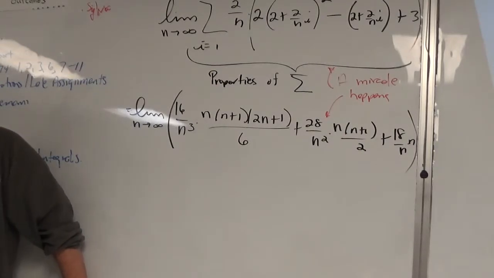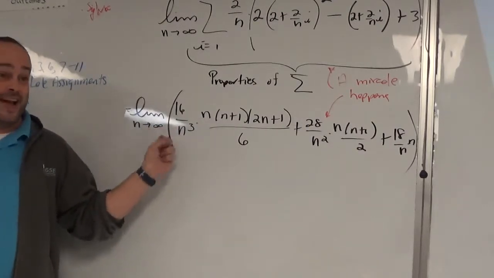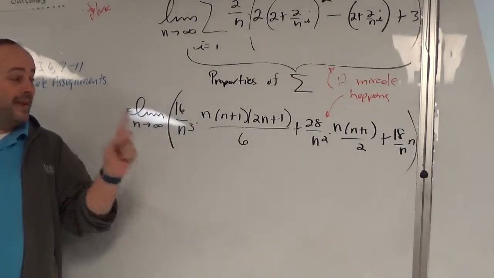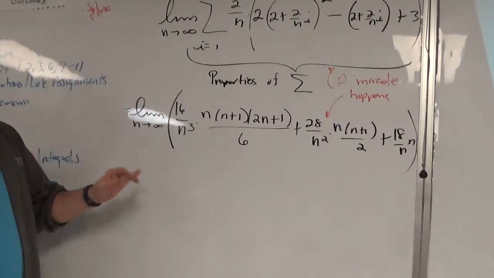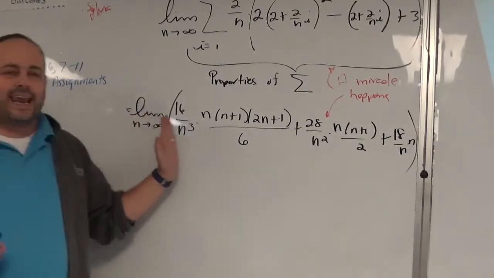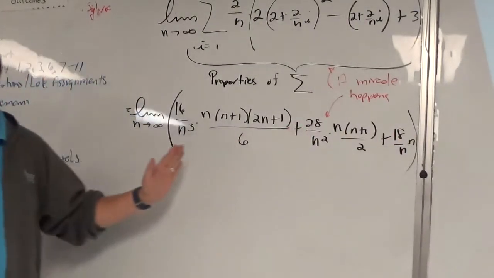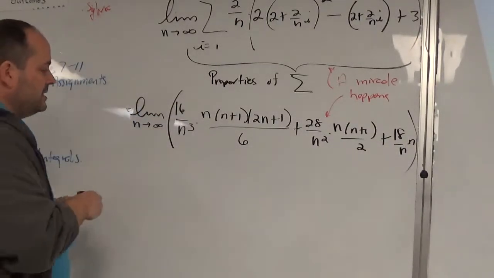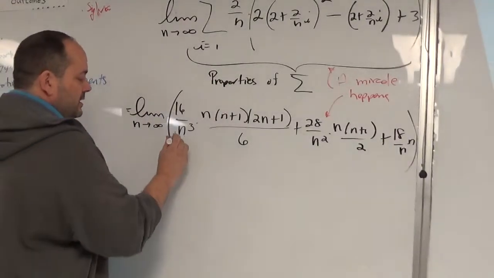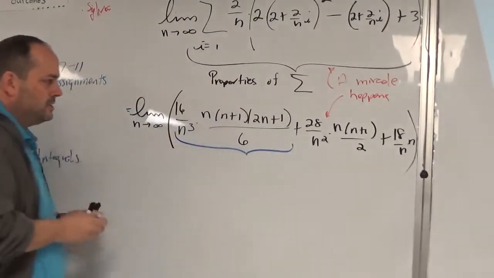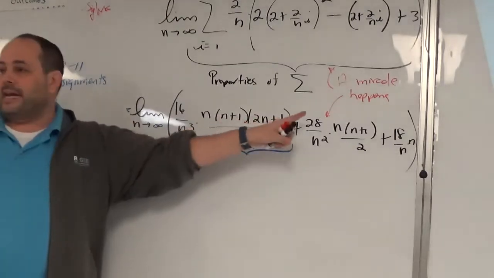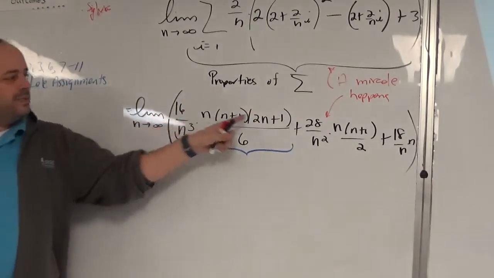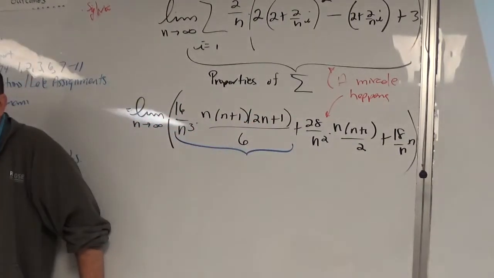But here's the thing. This is when the magic happens. Because now we can actually take the limit as n approaches infinity here. We're going to finally be able to get a number. If I look at this first part, this first multiplication expression, what's the degree of the numerator?